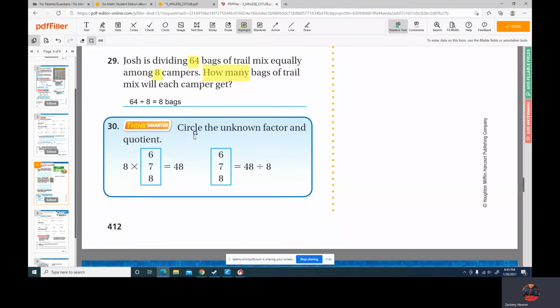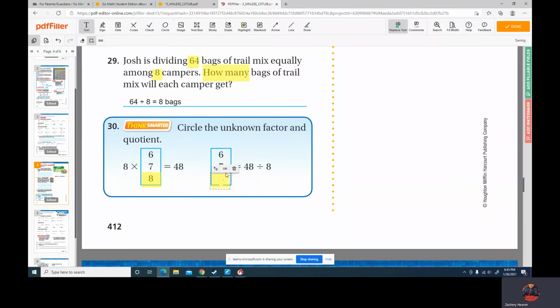Now it says circle the unknown factor and quotient. What number makes these true? Well, we know 8 times 8 makes 48, and 48 divided by 8 will also be 8. I'm sorry, I messed that up. 8 times 8 is not 48. I was looking at it as 64.